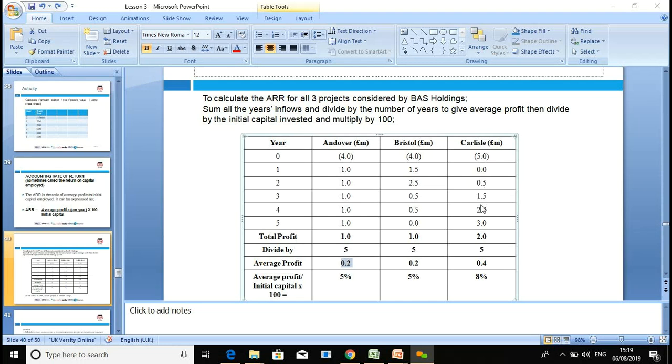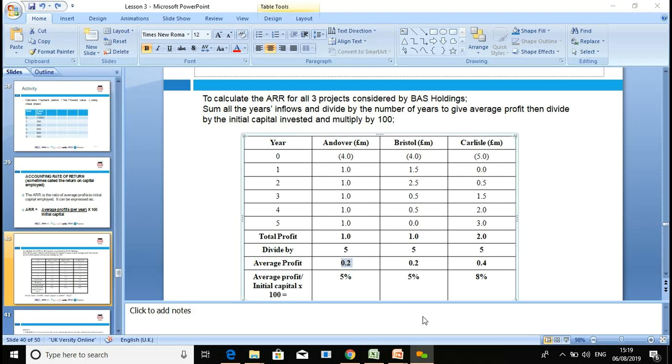Overall, my total profit will be 2 because I add them: 0.5, 1.5, that makes 2, then 4, plus 3, 7. 7 minus 5 is 2, yes? 2 million. 2 divided by 5 comes to 0.4. 0.4 divided by 5 times 100 becomes 8%. That's the formula given, yes? So 8%.